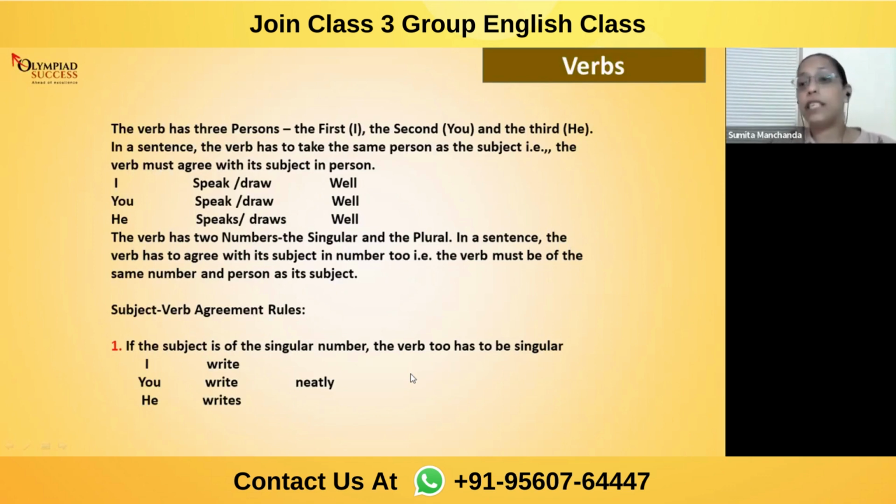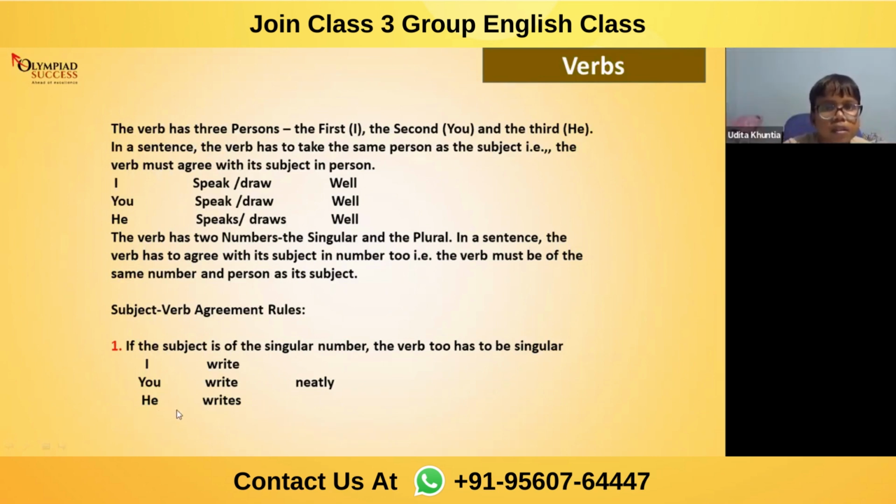Now, for the first sentence, which I said, if your subject is singular, the verb needs to be singular. Write this example after that. You have left two lines now. In that two lines, write this last example. He writes. Write this example over there. Ma'am, can you repeat once again the second rule?